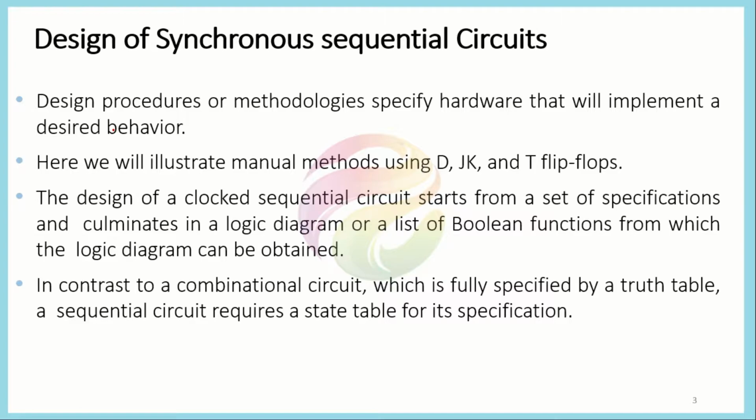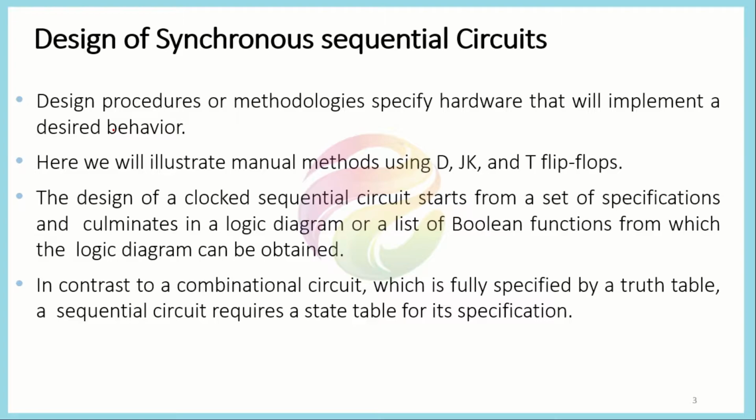In the analysis part, we were given a certain circuit, and from that circuit we were able to represent it in the form of a state table and then in the form of a state diagram. Now, in the design part, we will be given certain design parameters, and according to these parameters we would design a methodology.